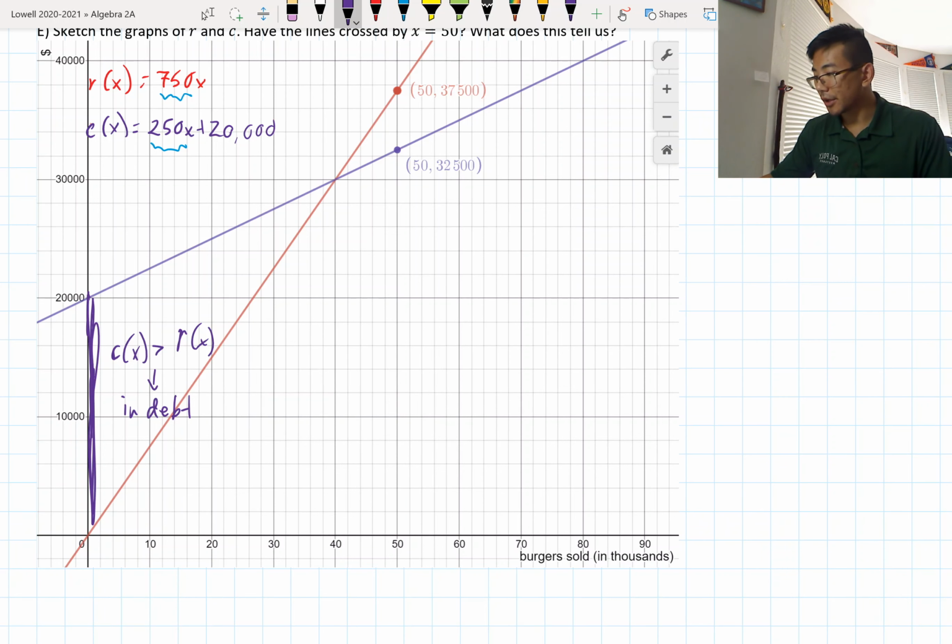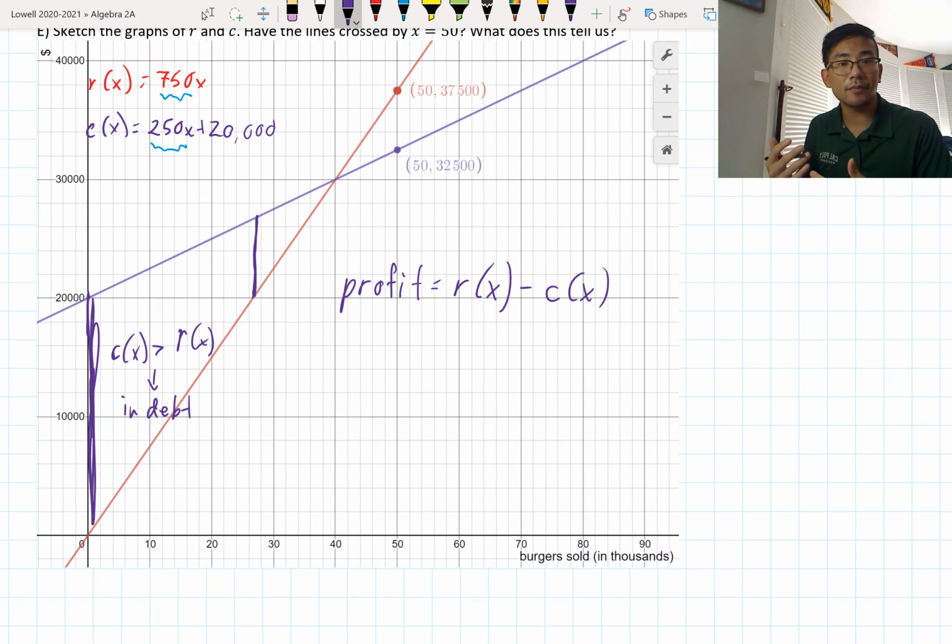But as you keep going, the amount of debt that you're in is getting smaller and smaller. We can think of profit as equal to the money you bring in minus the money you're paying: revenue minus cost.